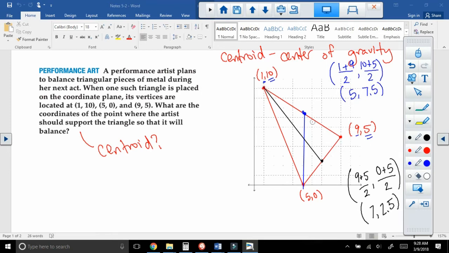So this right here would actually just be the centroid. That's at 5, 1, 2, 3, 4, 5. You could draw that extra median in too, but once you get 2 of those, that extra one would just be right there. You could use that as a double check if you wanted to, but that would be the location where all 3 of them meet also.